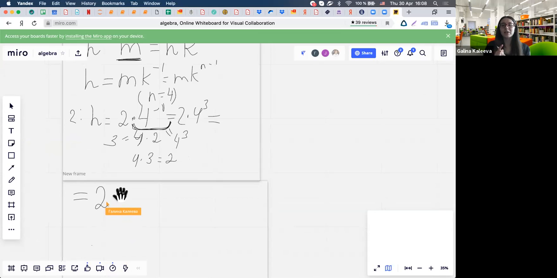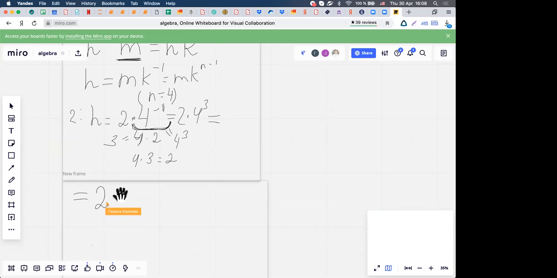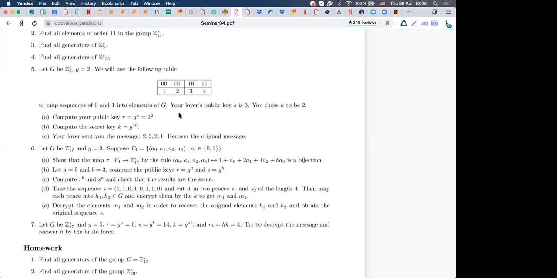So please check that the multiplication you use in binary corresponds to the multiplication of the elements in our group. But in binary, it is not multiplication, it's addition.